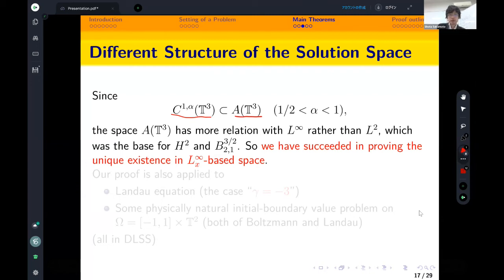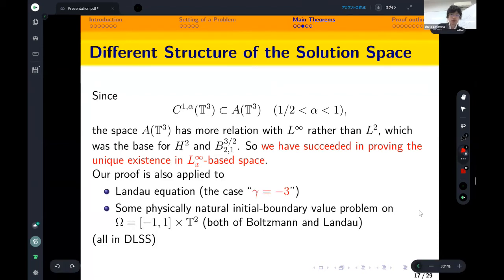And so it may be slightly irregular, however, to our best knowledge, this was the first result to construct a solution of the non-cutoff Boltzmann equation on the L infinity based space. Also, our proof can be applied to other cases, such as the Landau equation.